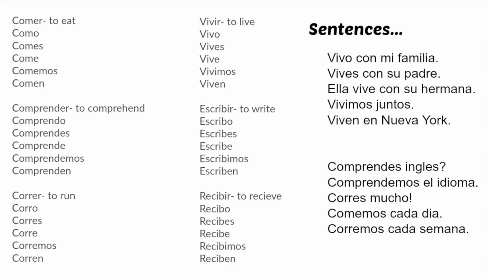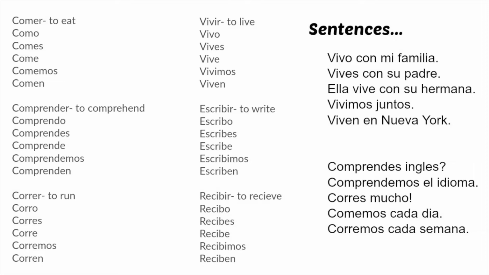So here, look at this list of verbs. I broke these down, so we're going to go through these. We have comer, which is to eat, at the top left-hand corner. So let's break this down. We have como, I eat. Comes, you eat. Come, he or she eats. Comemos, we eat. Comen, they eat.